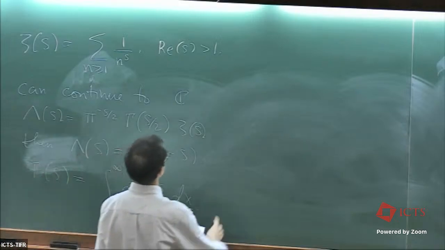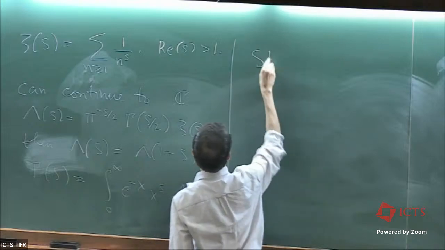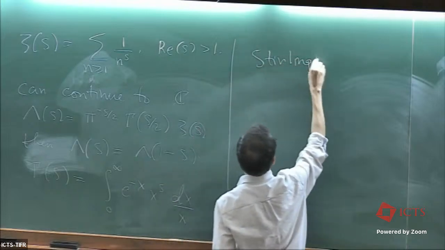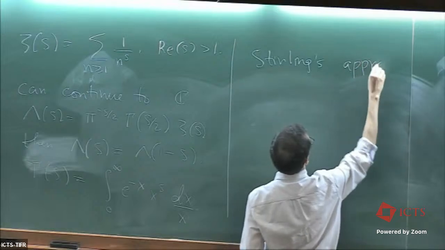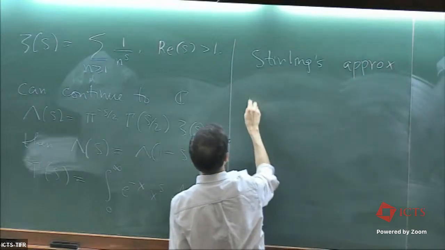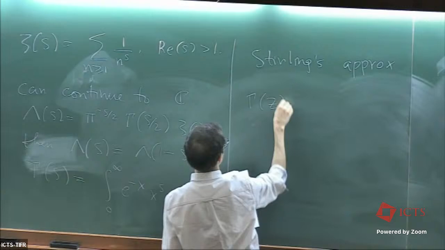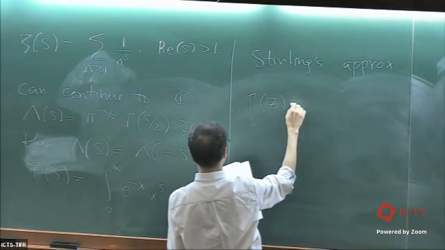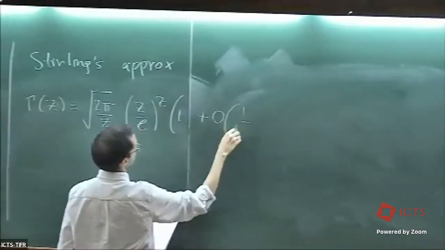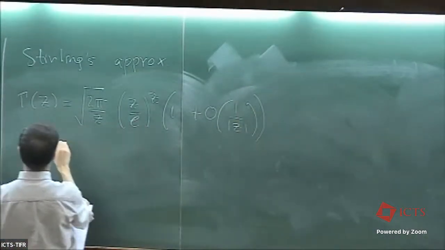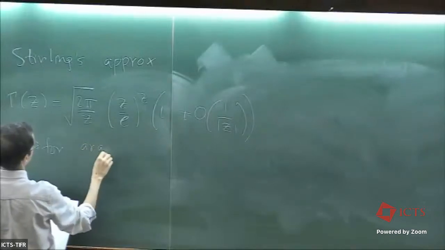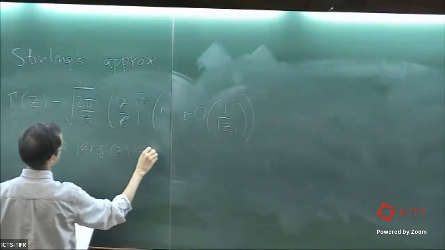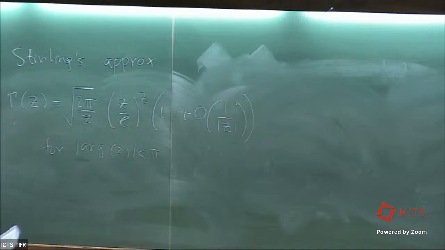So we have Stirling's approximation: gamma z is the square root of 2 pi over z times z over e to the z times (1 plus ...). And this is true for the absolute value of the argument of z strictly less than pi.